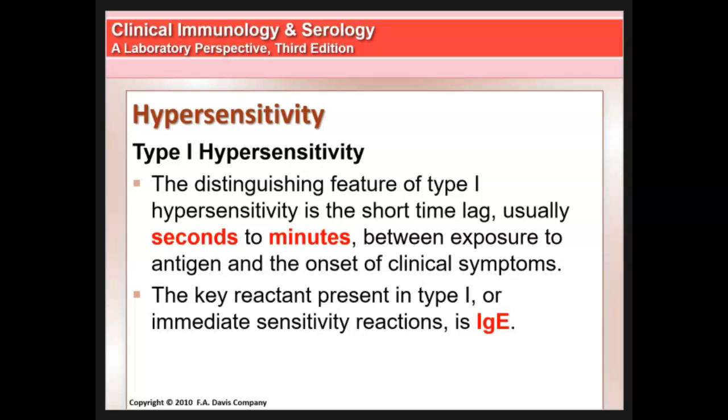The key reactant present in type 1 or the immediate sensitivity reactions is IgE. And IgE is made against allergens which bind to basophils and mast cells, causing degranulation, and the system is flooded with histamine and heparin, causing the anaphylaxis.